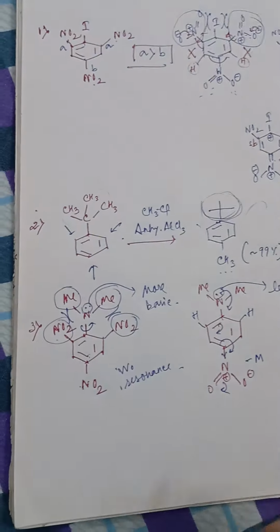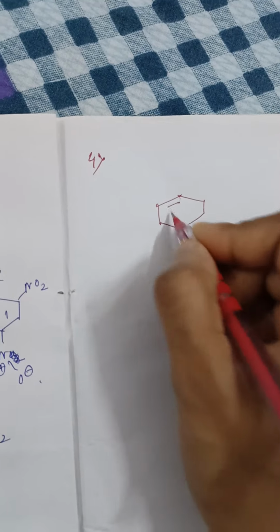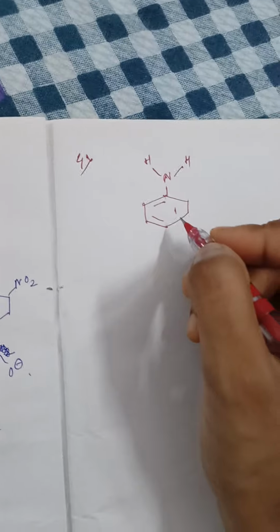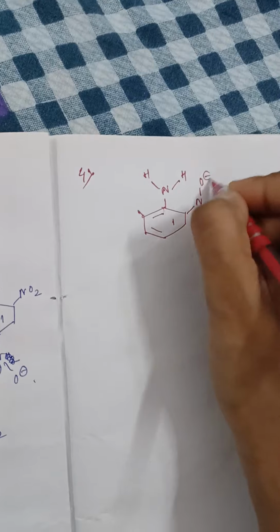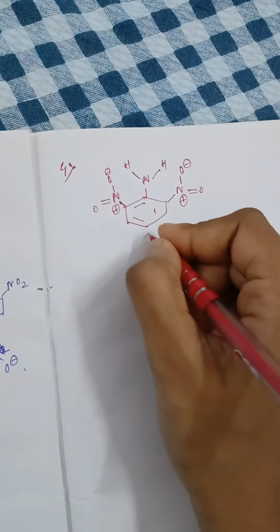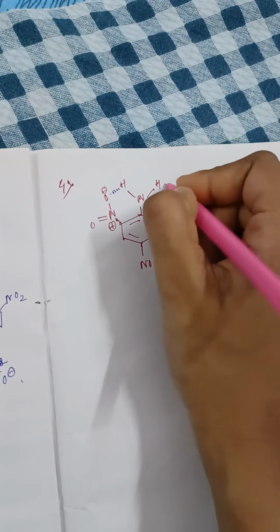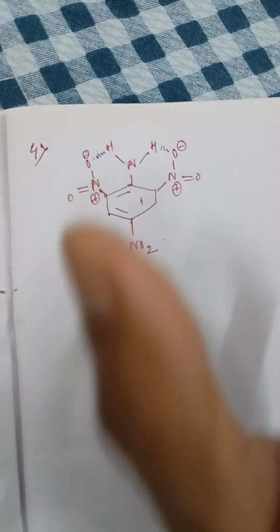Okay, now the last example. Suppose there is NH2, not NMe2, NH2, and here an NO2 group, here also NO2. A very interesting example. Now see, there are 2 hydrogen bonds. Because of this hydrogen bonding, there was supposed to be a steric inhibition effect, the steric effect should play here.